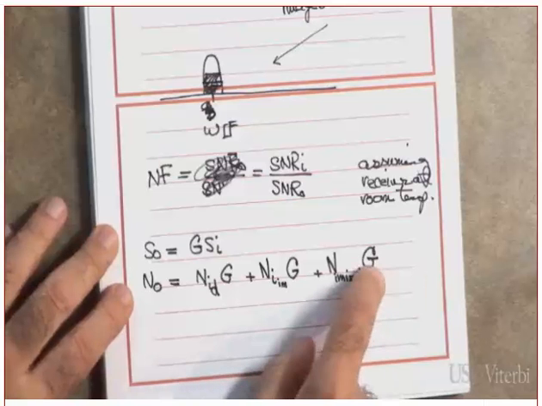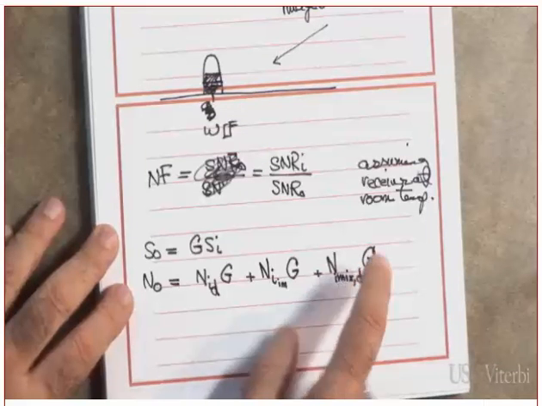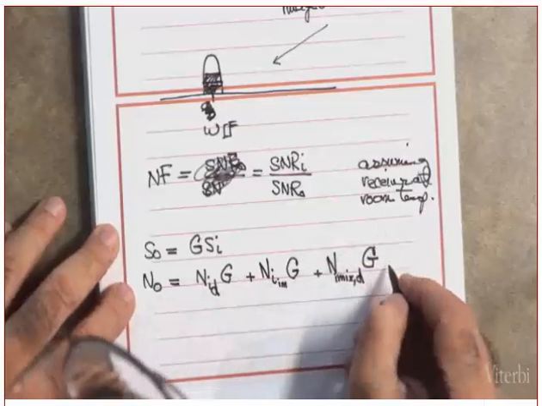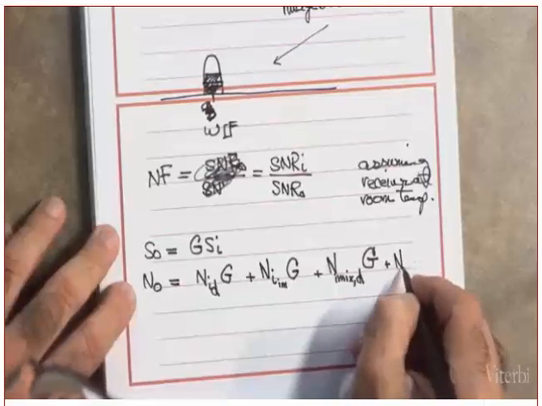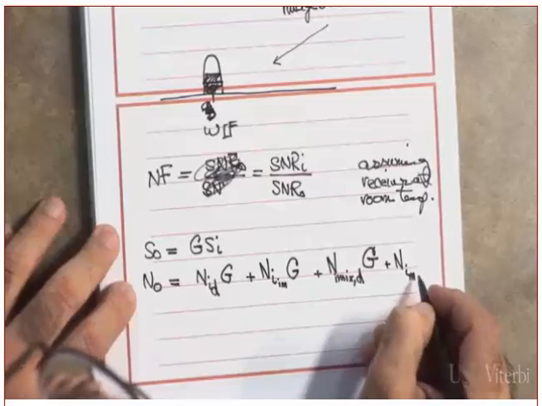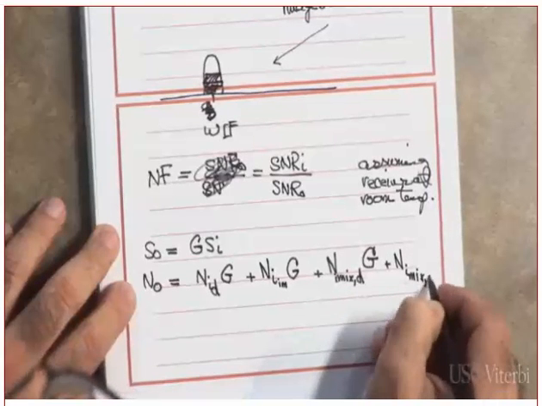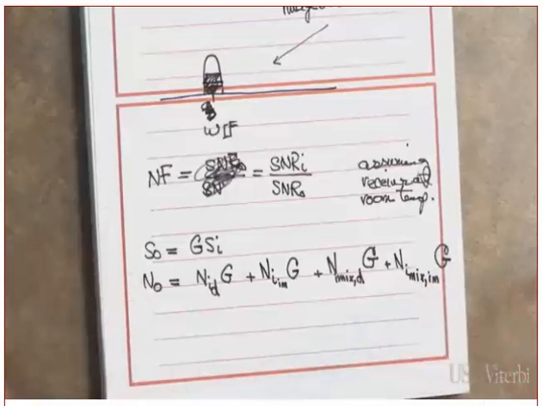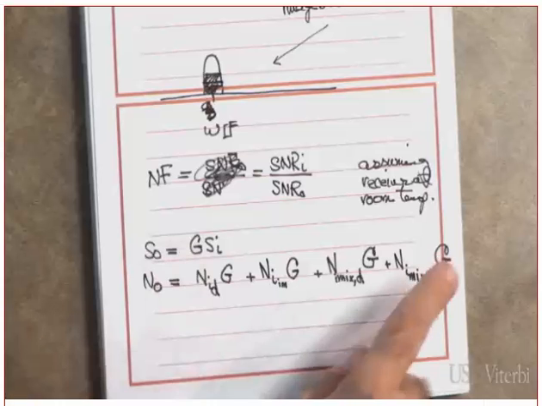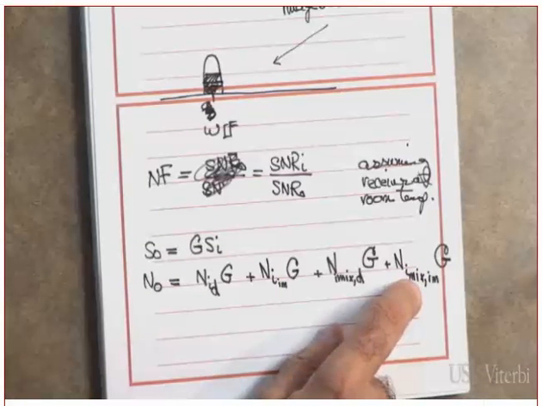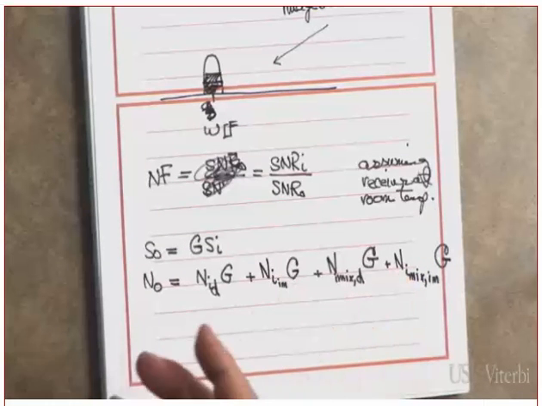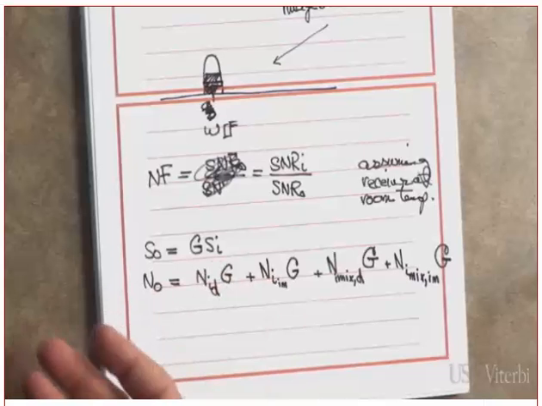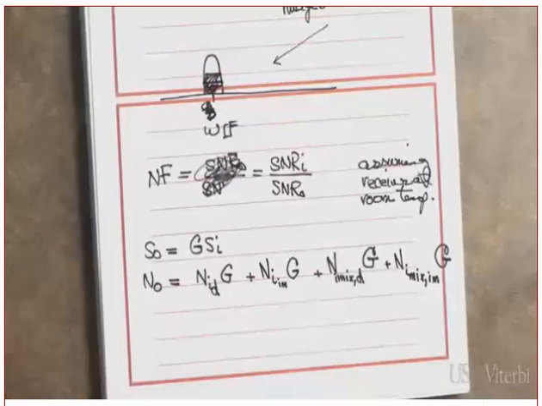In the desired band, times G. Plus N_mix,IM times G. Did you get this or not? Yes or no? What is this? One more time. This is the internal noise generated by the mixer in the image band. Did you get this or not?